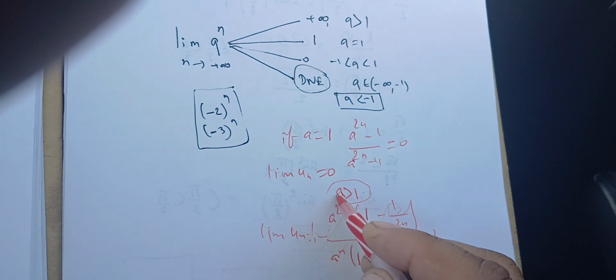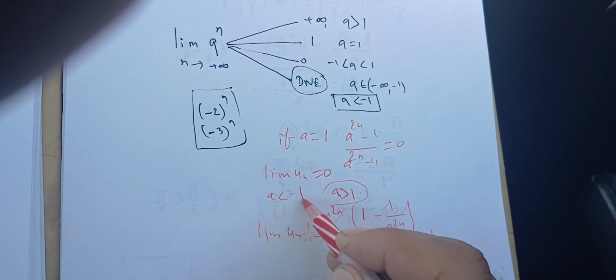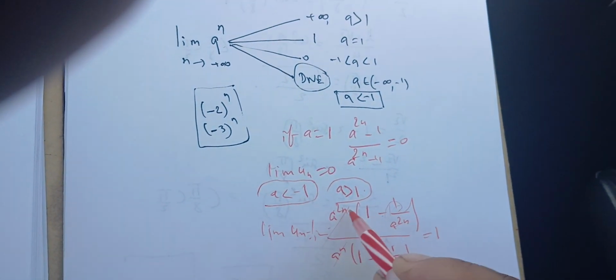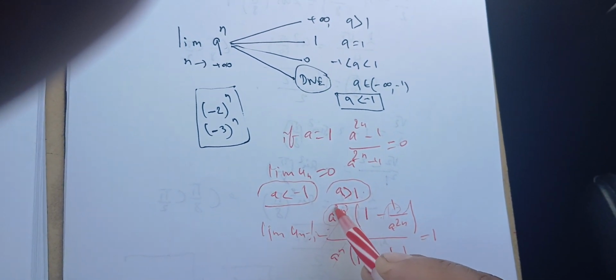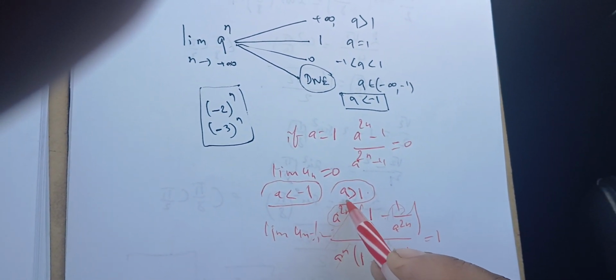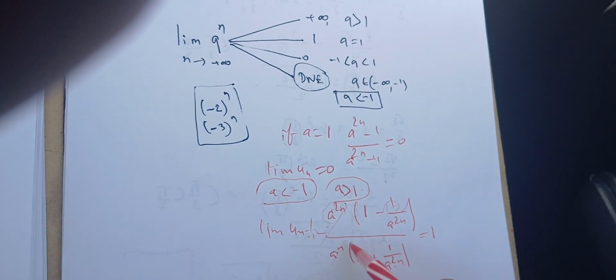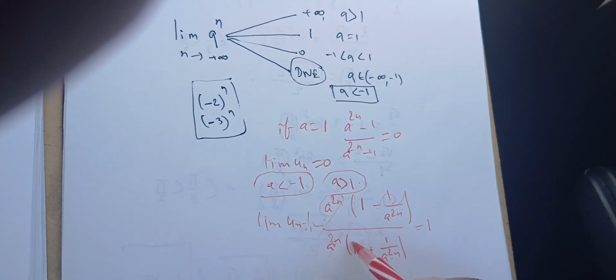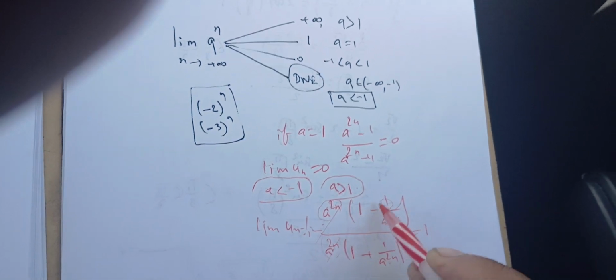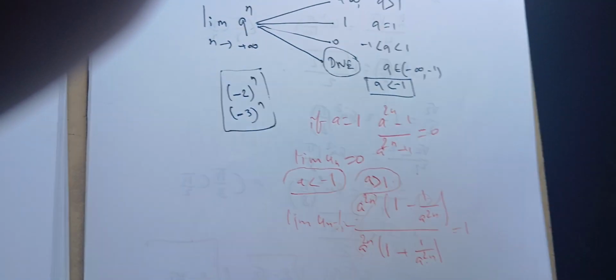If a is less than minus 1, this one will be positive because it has the 2n to make it positive, and the same thing for the other term. Therefore, the limit is going to be 1 as well.